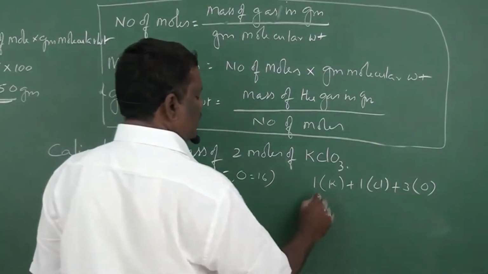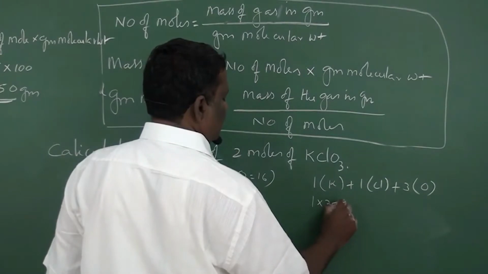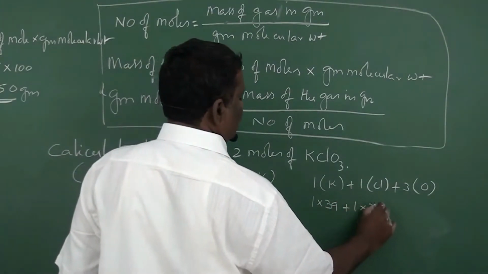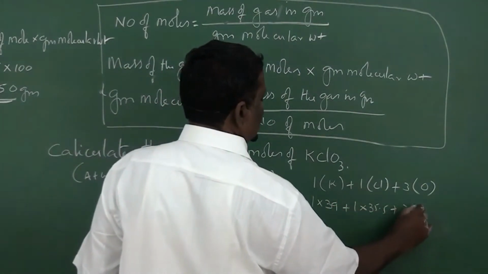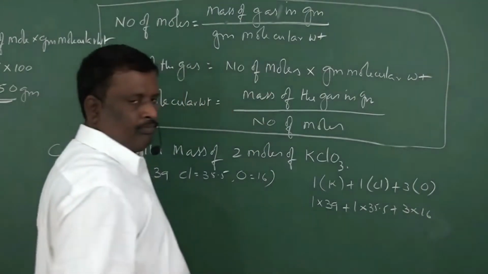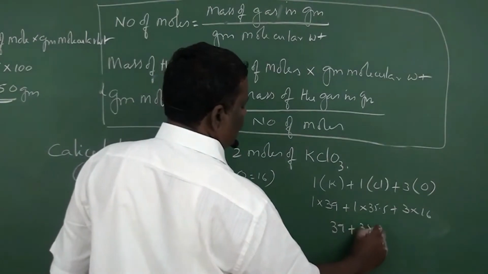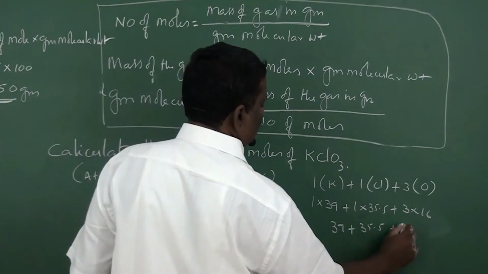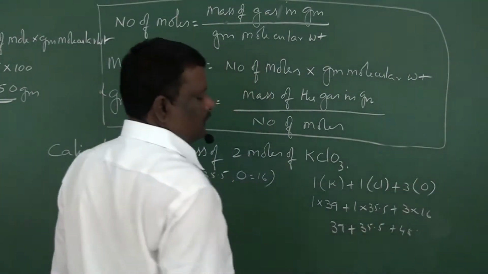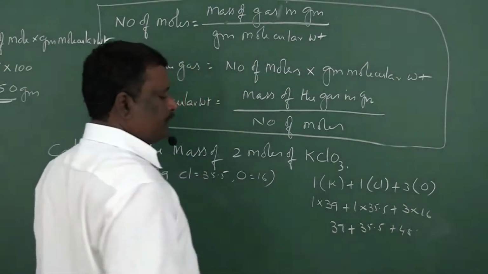So that is 1 into 39 plus 1 into 35.5 plus 3 into 16. That is 39 plus 35.5 plus 48.